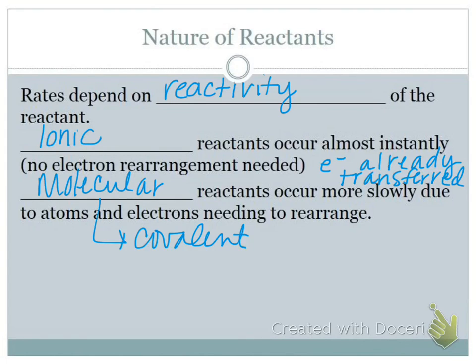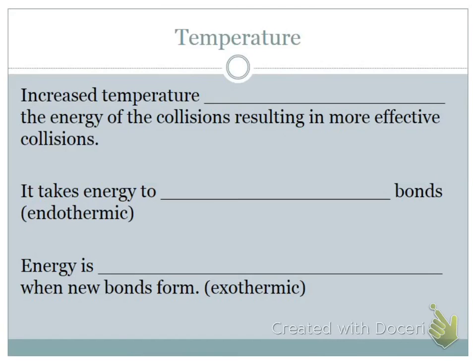The next one is going to be, I believe, temperature. So if I increase my temperature, I increase the energy of my collisions. Remember way back we said heat them up, speed them up.